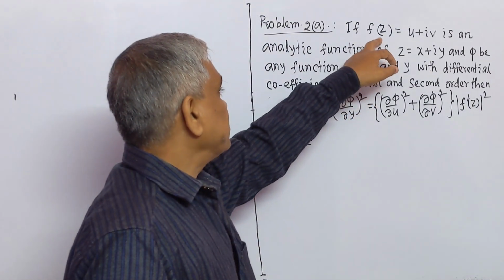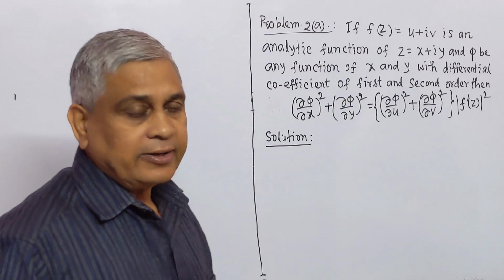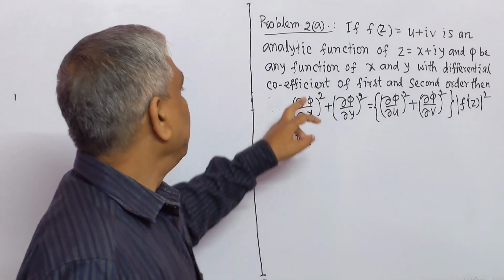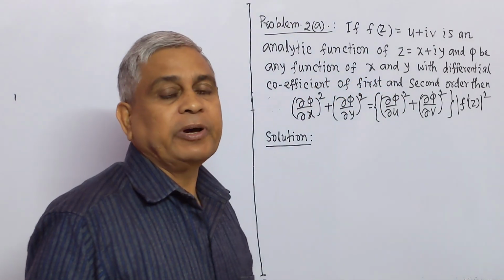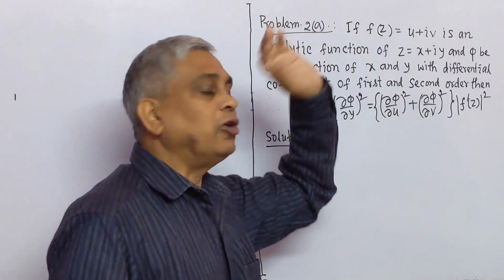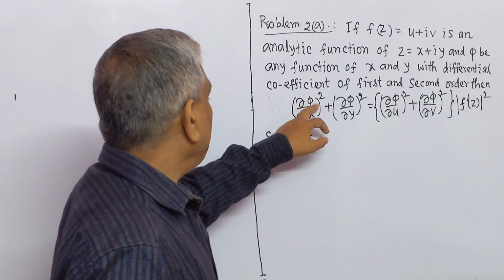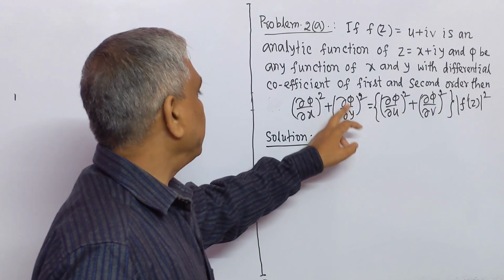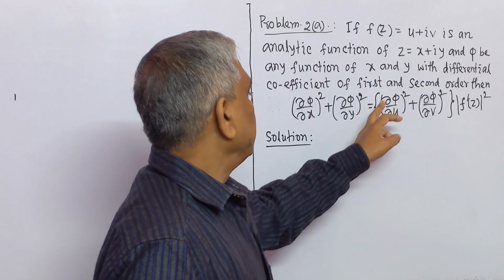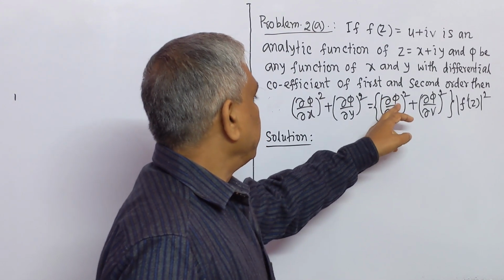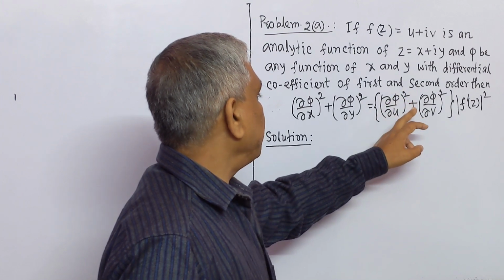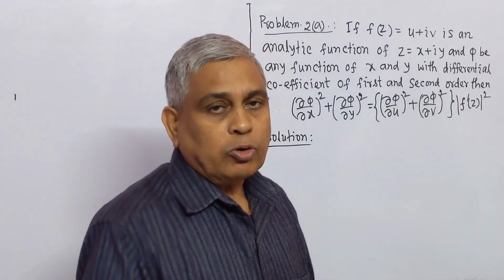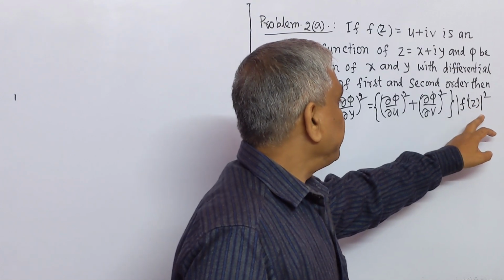The problem is: if function f(z) equal to u plus iv is an analytic function of z equal to x plus iy, and let phi be any function of x and y with differential coefficients of first and second order, then the partial derivative of phi with respect to x whole square plus the partial derivative of phi with respect to y whole square equal to, in curly brackets, the partial derivative of phi with respect to u whole square plus the partial derivative of phi with respect to v whole square, closed, times modulus of the derivative of f(z) whole square.